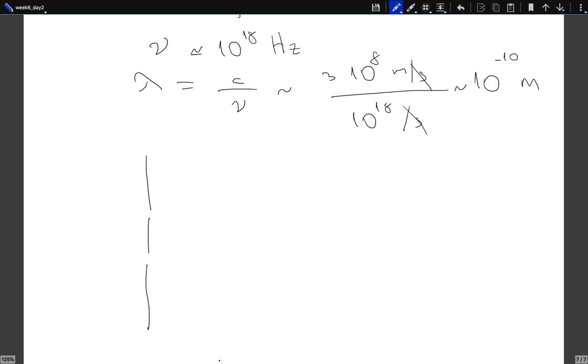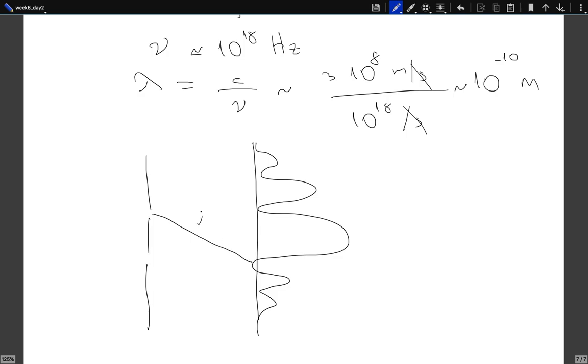You do the double slit experiment, and then on the other side you would see all these peaks. Let's call one path length L1 and the other L2. Then L1 minus L2 is just wavelength over 2.